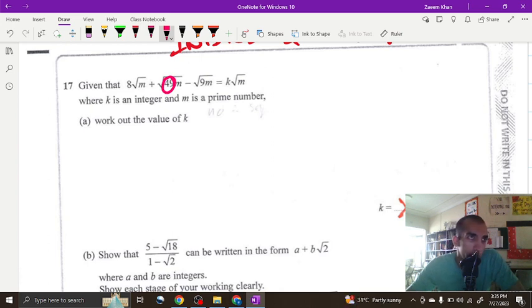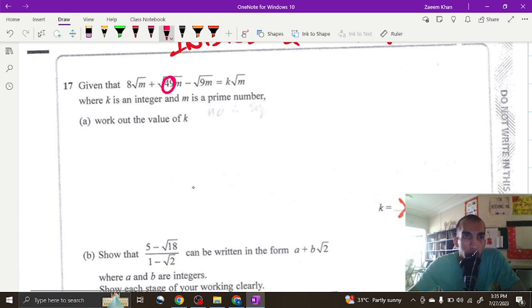For instance, 2 into 2 is 4. 4 fours are 16. 5 fives are 25. Oh, 7. 7, right?